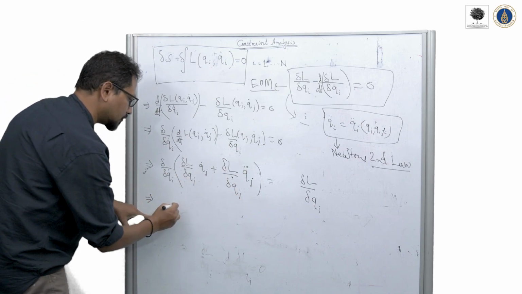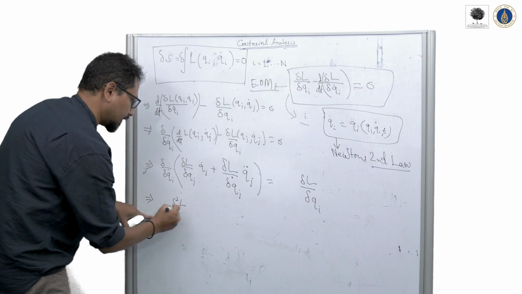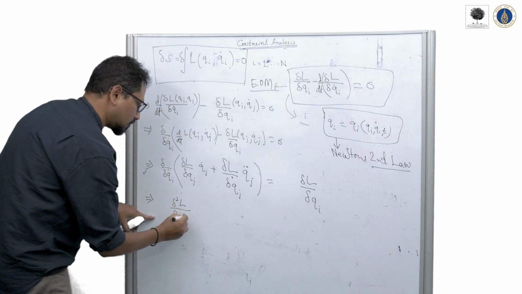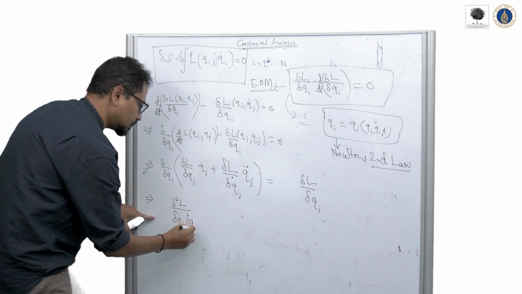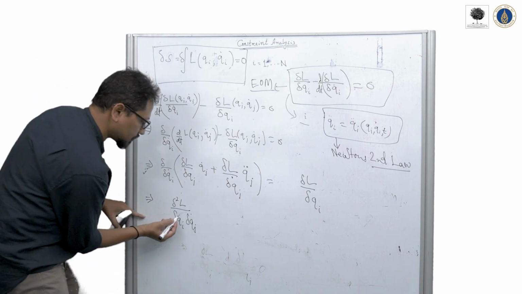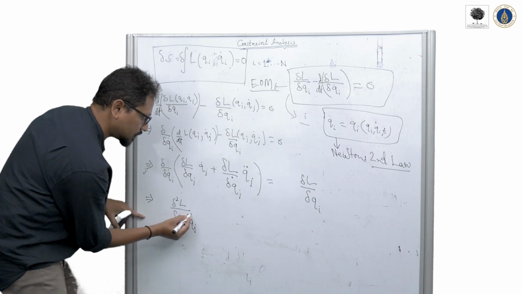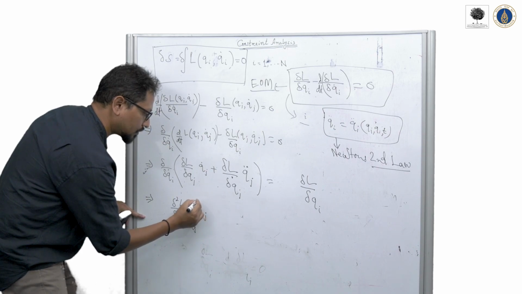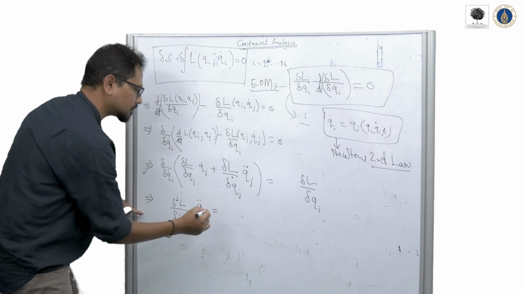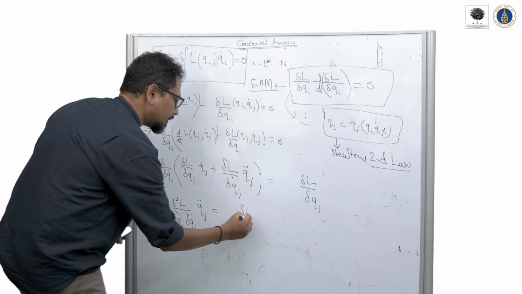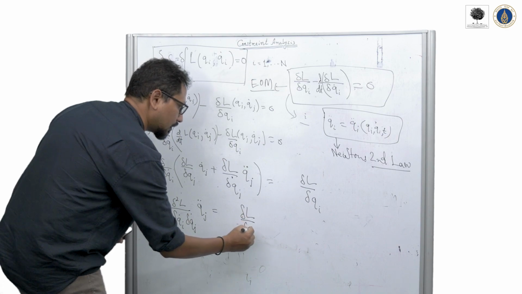So that will be del 2 L by del Qi dot del Qj dot, and Qj double dot is equal to del L by del Qi.